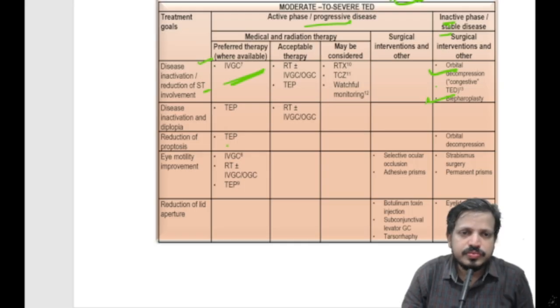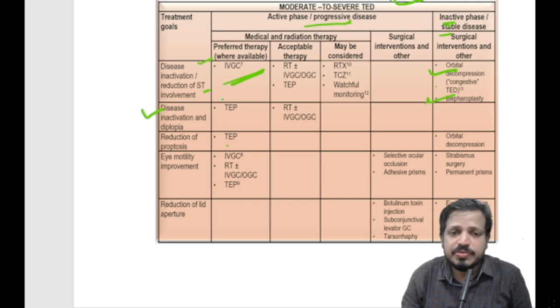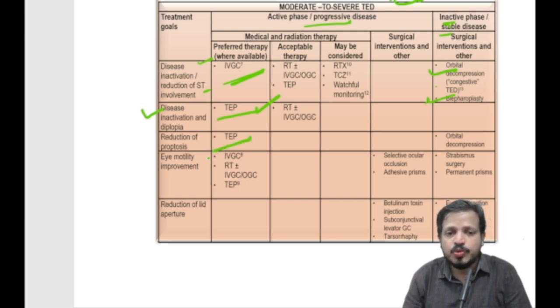For diplopia and for reduction of proptosis, we go for teprotumumab. For improvement of eye motility, we go for IV glucocorticoid. Then radiotherapy plus or minus IV glucocorticoid, oral glucocorticoid, or teprotumumab.